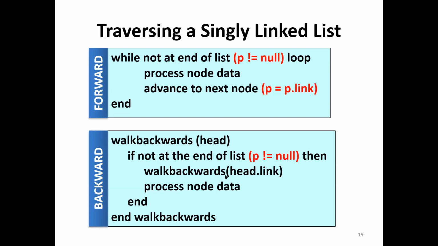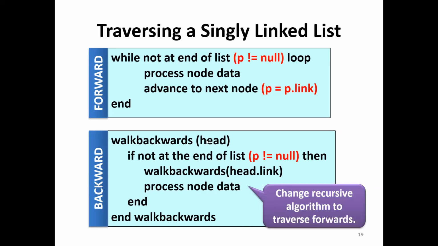If not at the end of the list, that is, when P is not equal to null, then you walk backwards using the link from the head, then process the node data. So these are the processes involved in walking backward and going forward for the singly linked list.